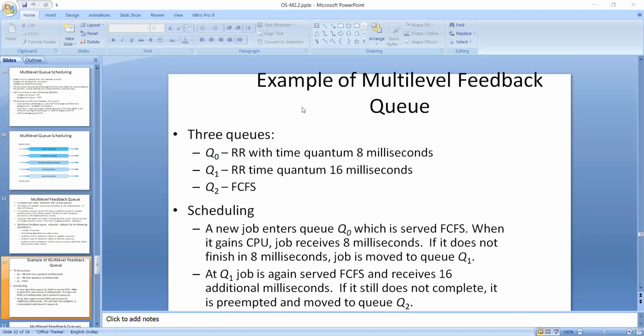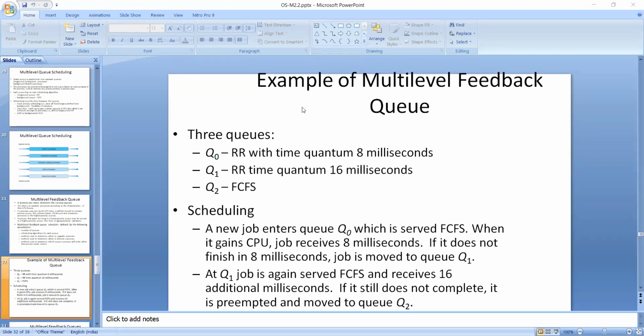Here we have an example. Consider a multi-level feedback queue scheduler with three queues, numbered from 0 to 2, that is Q0, Q1, Q2.